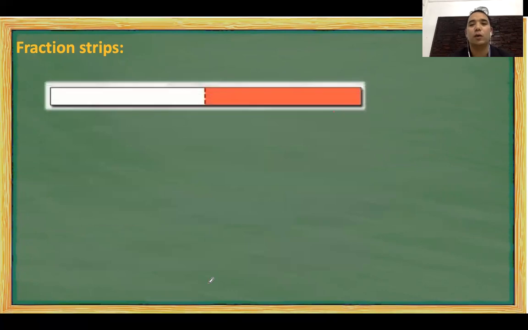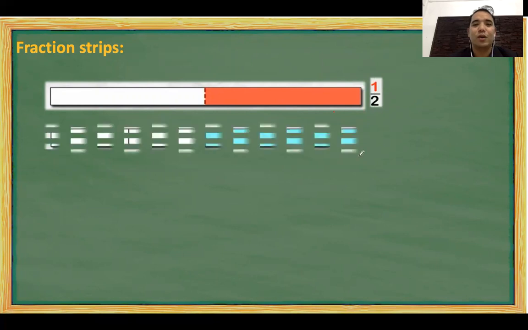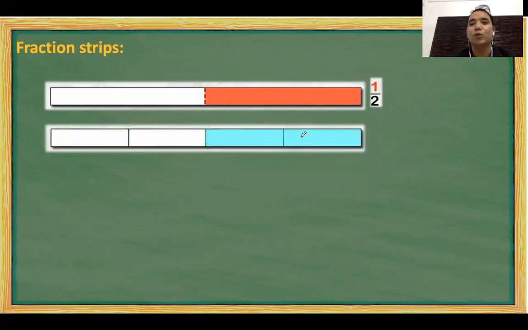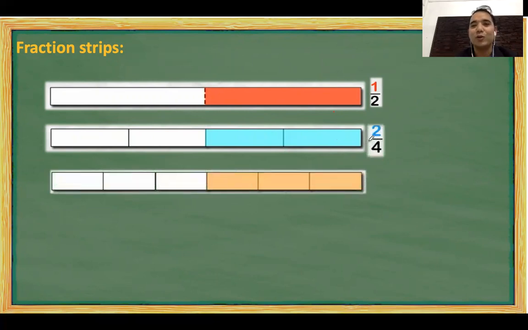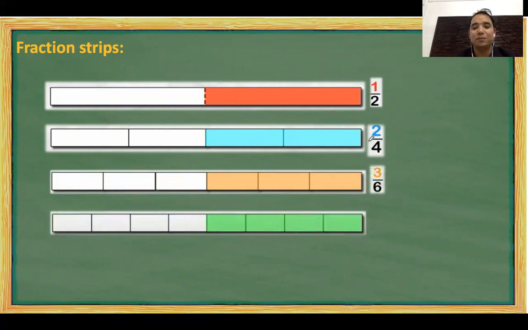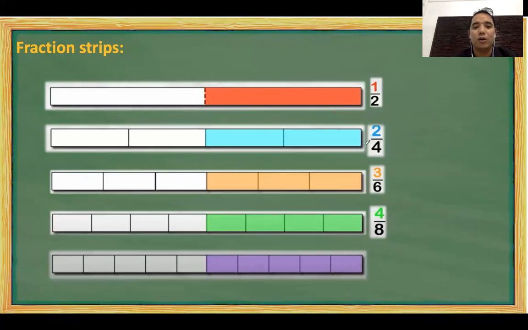Okay, so look at this one. We are going to color 1 out of 2. We are going to color 2 out of 4. Next, we are going to color 3 out of 6. Next one, we colored 4 parts out of 8 parts. Next, we colored 5 parts out of 10 parts.